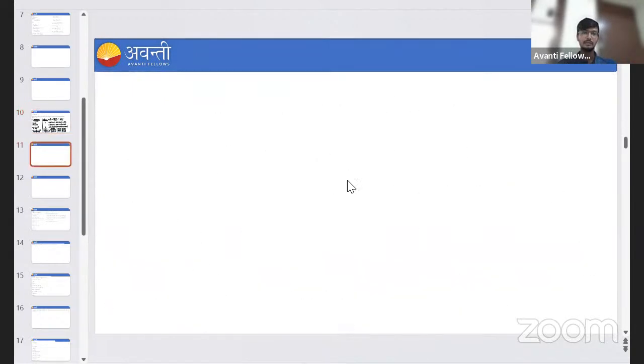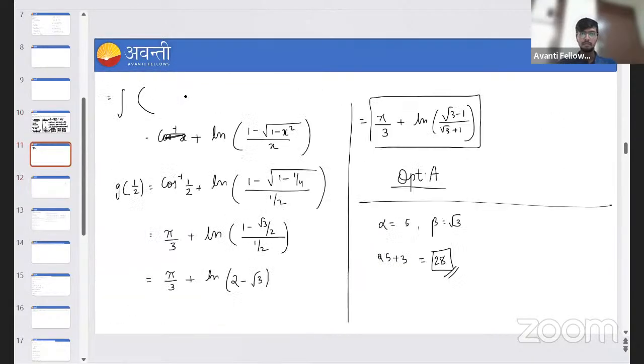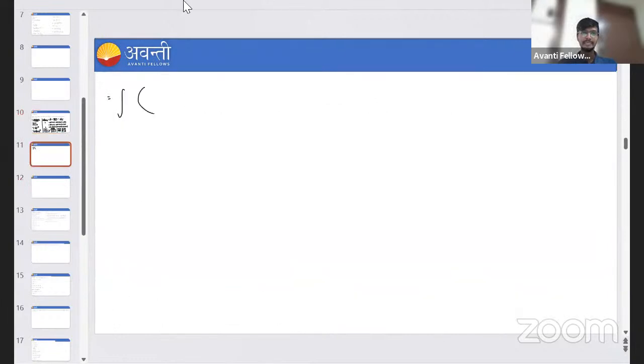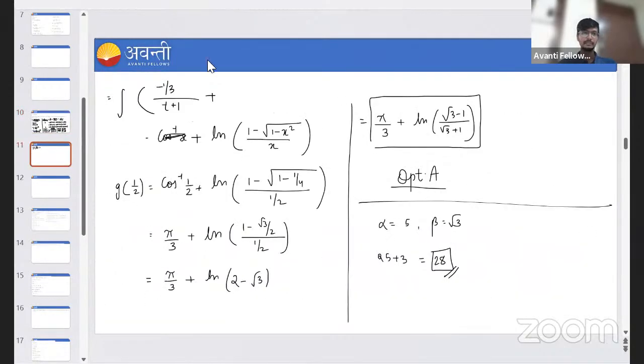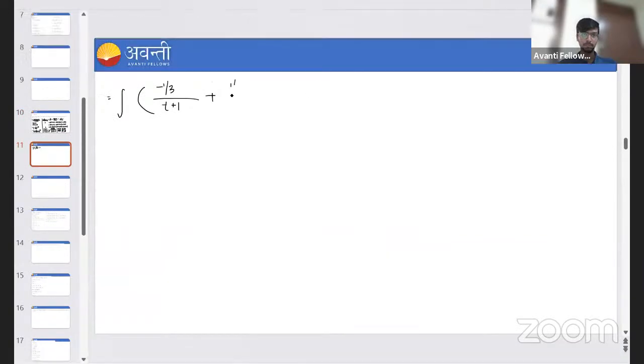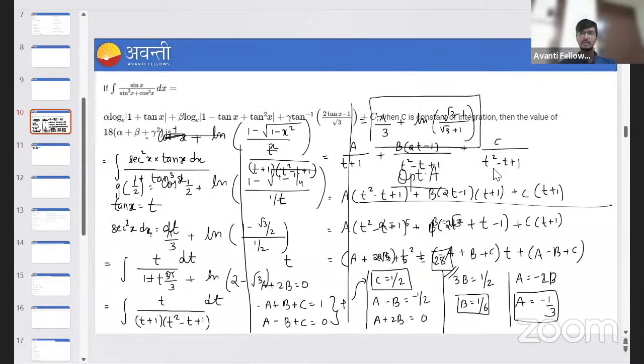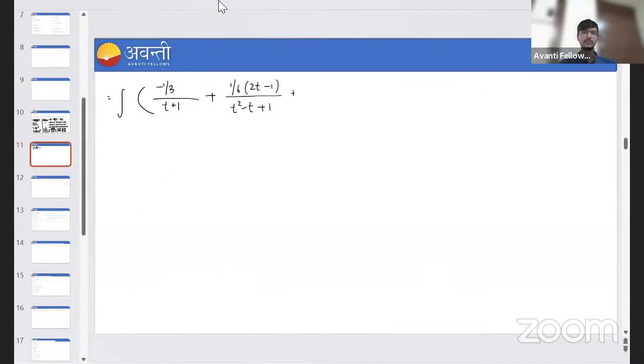So let us substitute here. What I'll get as my integral is the integration of minus 1 by 3 upon t plus 1, plus, what is b? b is 1 by 6, so 1 by 6 into 2t minus 1 upon t square minus t plus 1, plus, what is c? c is half, so half upon t square minus t plus 1 dt.